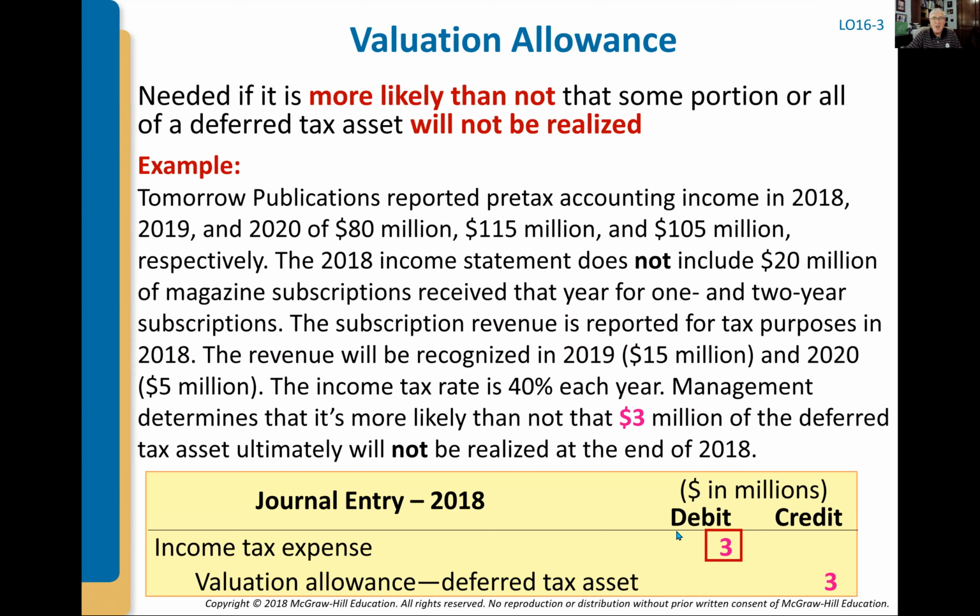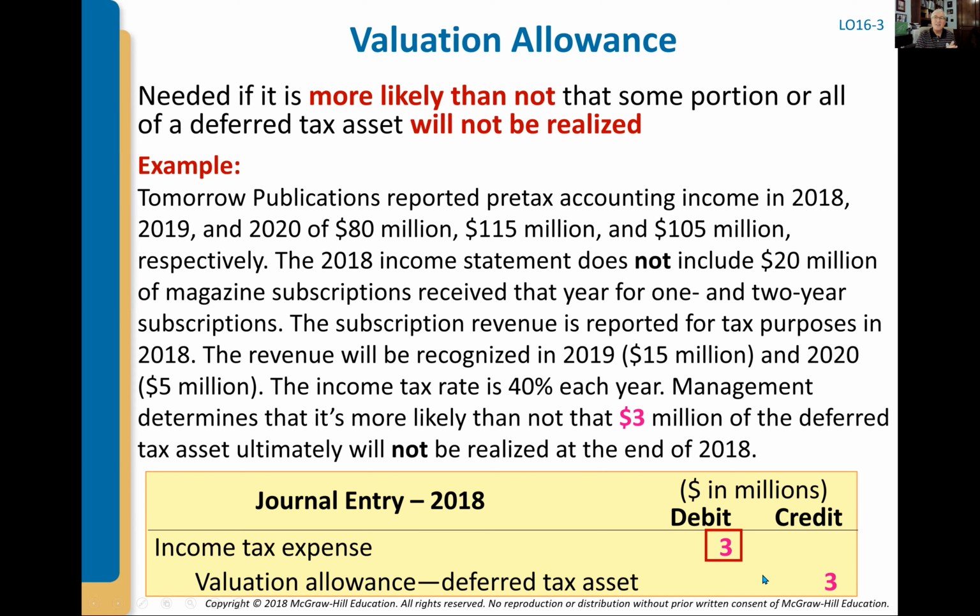By the way, valuation allowance has a dollar for dollar impact on income tax expense. So if I end up needing more valuation allowance and I credit that, I'm going to debit income tax expense. And it's always an estimate, so what if it goes the other way?